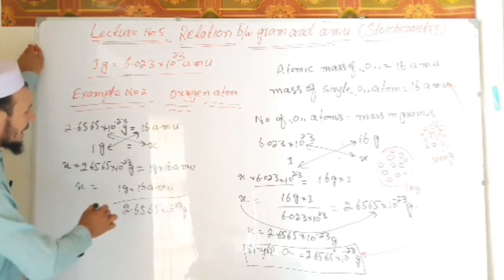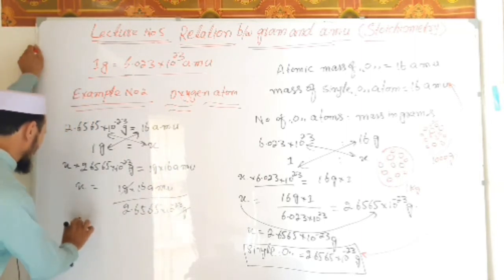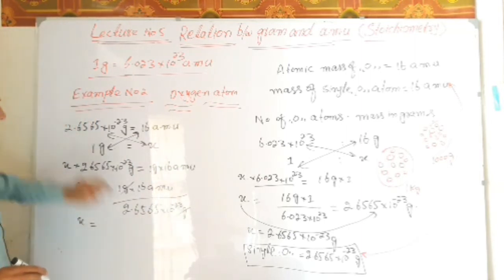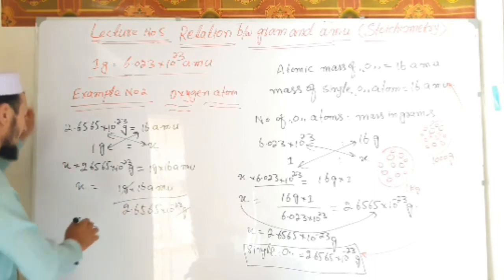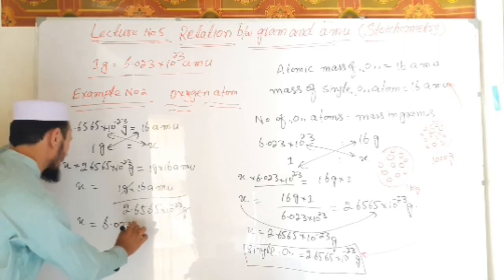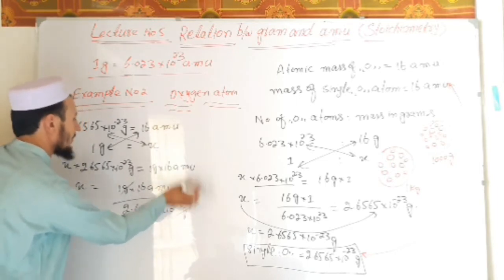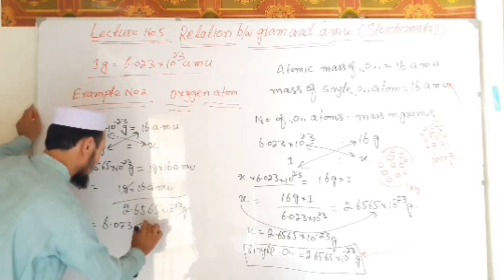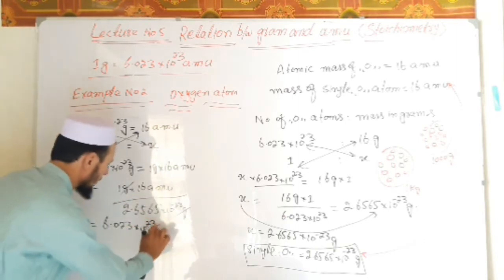Dear students, gram will be cancelled with gram, and thus we will get 16 divided by 2.6565 is equal to 6.023 multiplied by 10 raised to the power of 23. It is minus 23, it will rise up and will become 23, and the unit will be a.m.u.